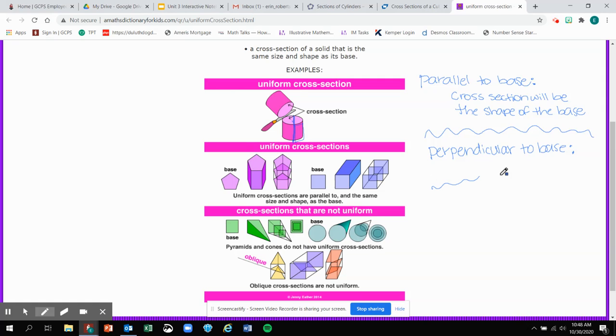And then we have a diagonal cut. A diagonal cut, or tilted away from the base, is going to be a cut that sort of elongates part of your figure.